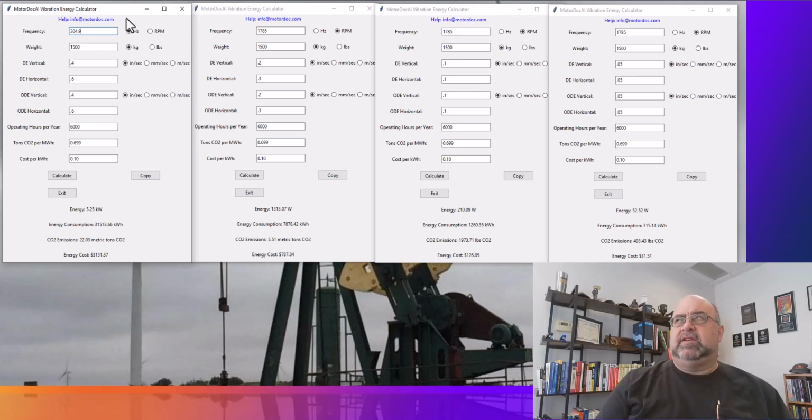I think this is a float, so it should handle that. It's a 1,500 kilogram machine. The bearing I'm looking at, we'll just say we're looking at a peak of 0.01. 0.08.